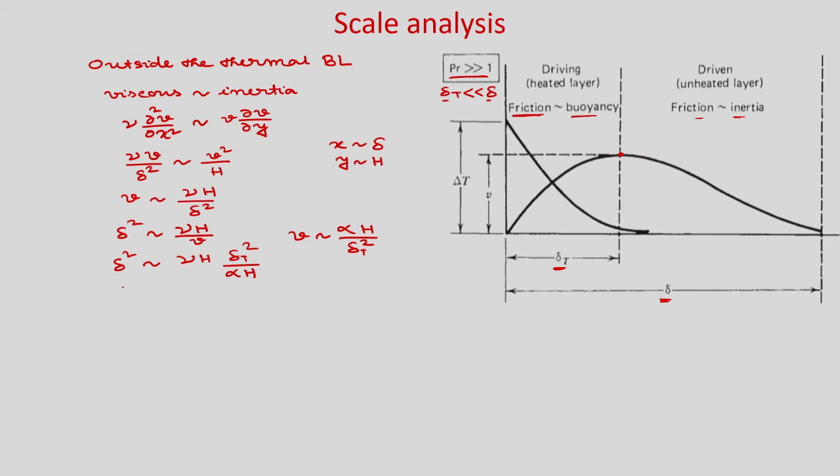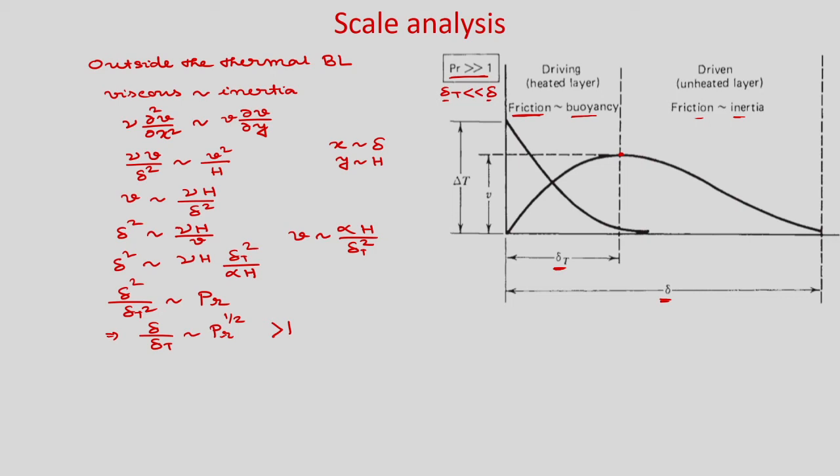So, you can see delta square by delta t square, this h will get cancelled, and nu by alpha is Prandtl number. Okay. So, you can see delta by delta t will be Prandtl number to the power half, which will be much greater than 1, because Prandtl number is greater than 1, and from here you can see that delta will be greater than delta t.